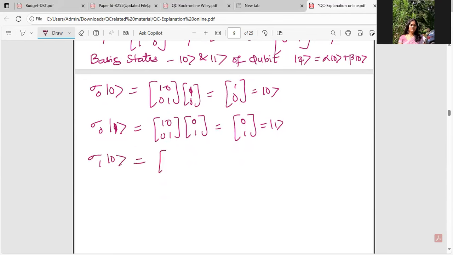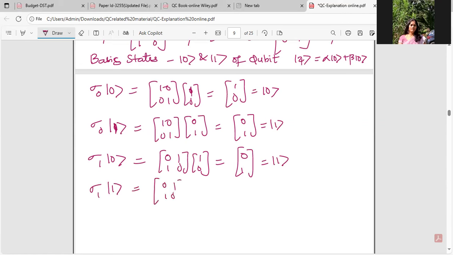Sigma 1 is 0 1 1 0 operated on 1 0. So what do I get? 0 0 1 0. So I'll get ket 1. Why I'm doing it, don't think it's just for time pass. There are some conclusions that I will make. 0 1 1 0 operated on ket 1 would give me ket 0.